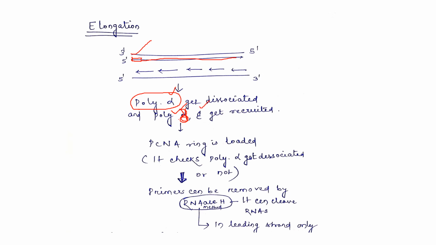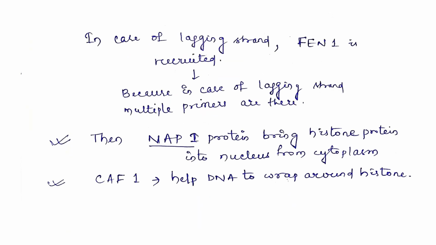Okay, the PCNA ring is loaded and it checks whether DNA polymerase alpha got dissociated or not. So after that, the primers will be removed by RNase or by the FEN1 protein. Okay, so after that, primers got removed.